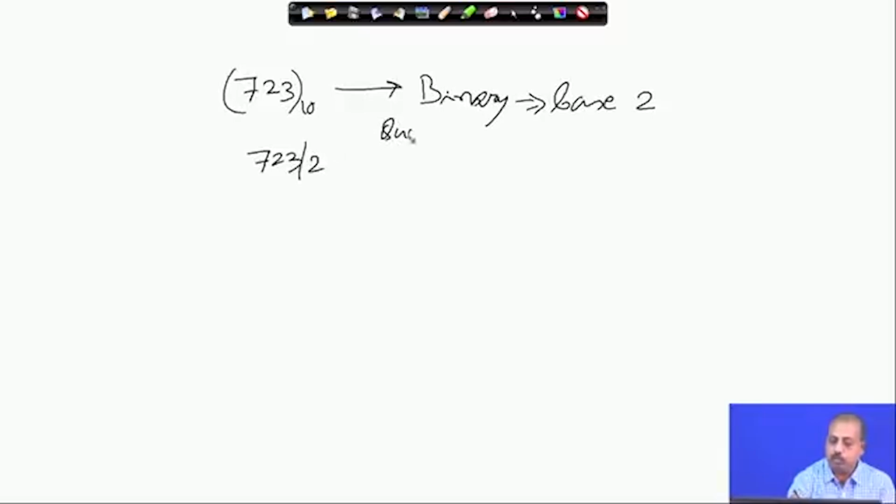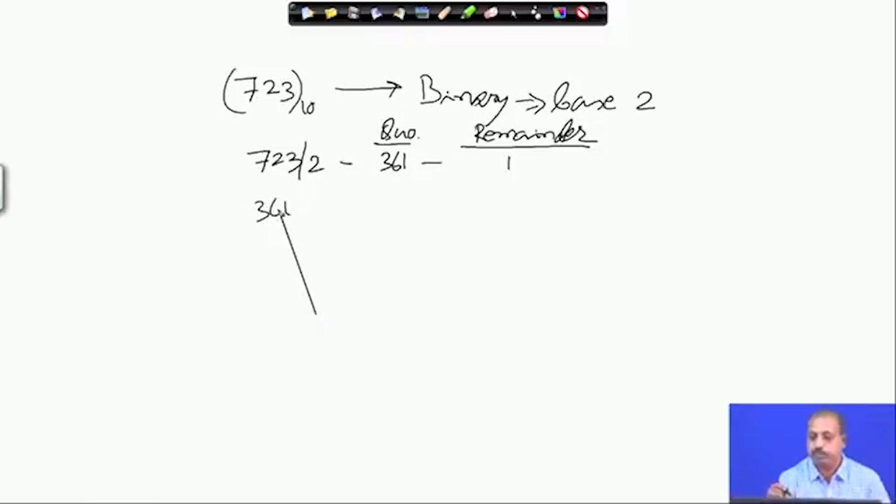So, 723 divided by 2. I note down the quotient part and the remainder part. This is 361 and this is 1. Then if we divide this 361 by 2 again, the quotient is 180 and the remainder again is 1.